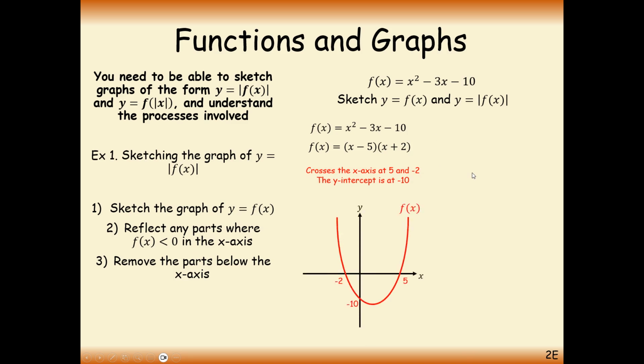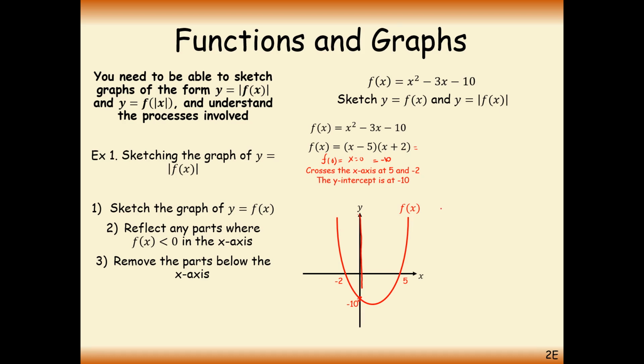The graph will have a y-intercept of -10. If you don't know why, you simply take the value of x to be 0, because that's the value of x on the y-axis, and you substitute that into the function. So f of 0 will be -1, -5 times -2. So that's how we get -10.